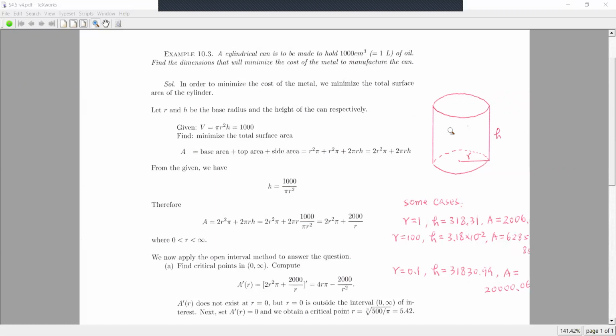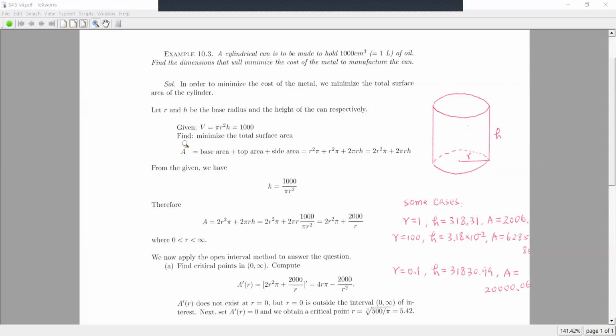About the can, the volume is base area times height. So volume V is base area, the base is a circle, its area is pi r squared, times height. It is 1,000. The volume is kept at 1,000.